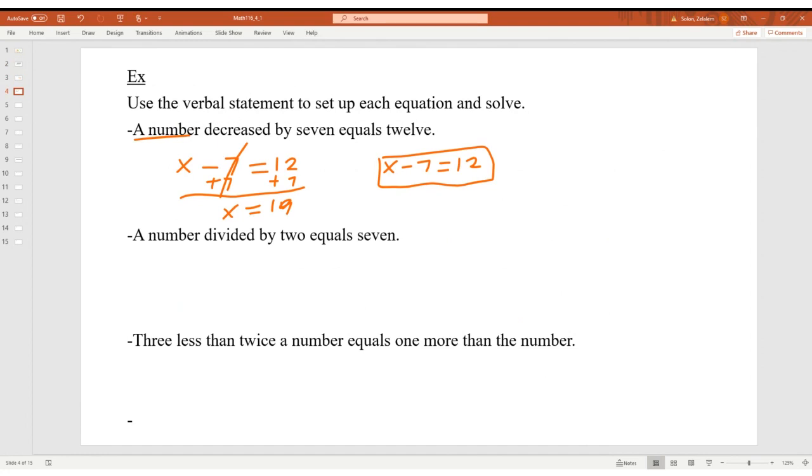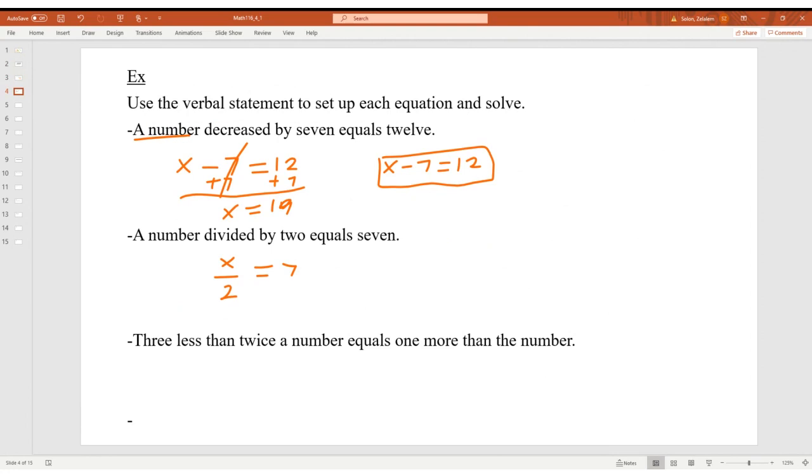Now the second one: a number divided by 2 equals 7. A number, again, we don't know that number. What number divided by 2 will give you 7? I think you already know that. 14 divided by 2 is 7.